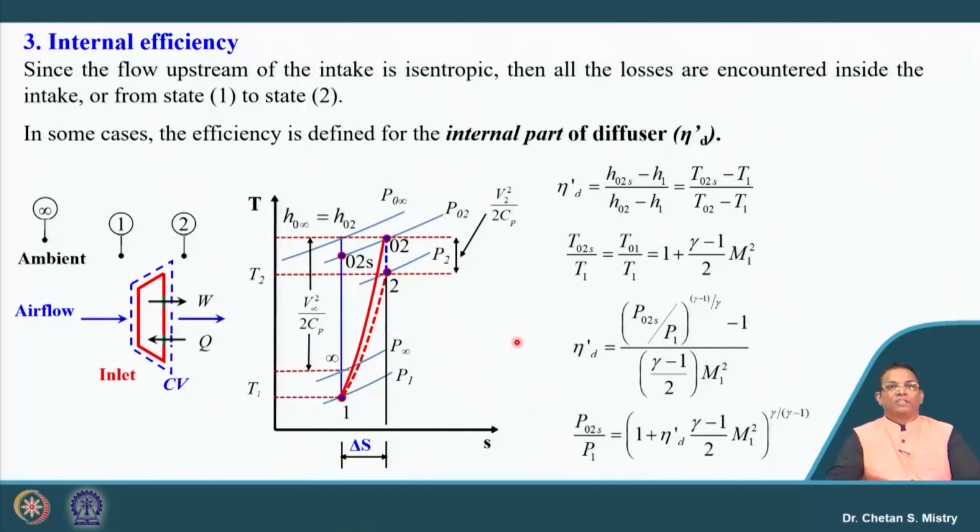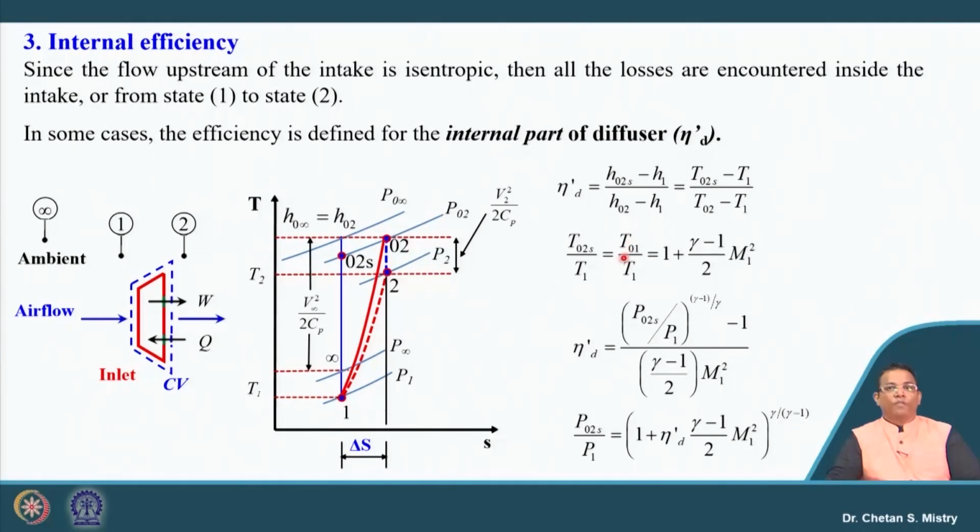That is why people have defined a third terminology for the intake, called internal efficiency. This represents my internal condition, station 1 to 2, and that is why we write the internal efficiency as H02S minus H1 divided by H02 minus H1, because we are more interested in what is happening in the internal part.